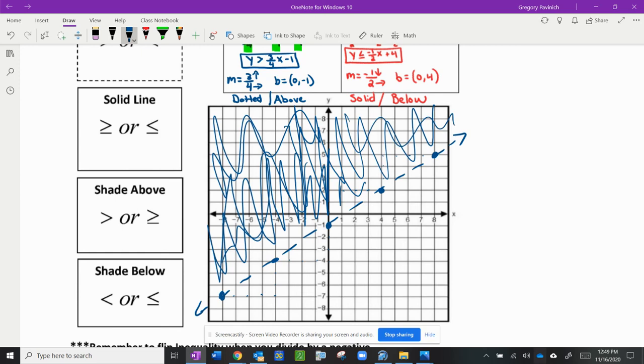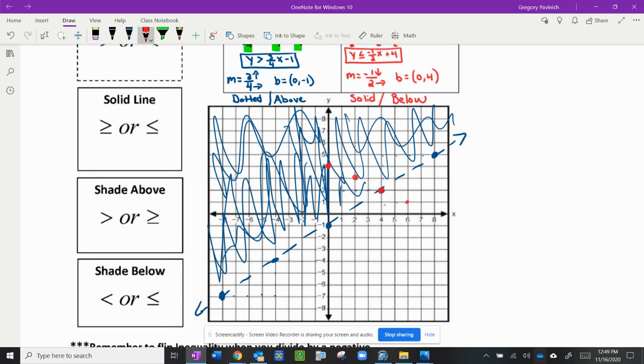Okay. And then the next equation, I'm going to do equation 2. And I'm going to start off at 0, 4. And I'm going to go down 1, right 2, down 1, right 2. Remember, this is the point we cared about if it was an equation, but not so much as an inequality.